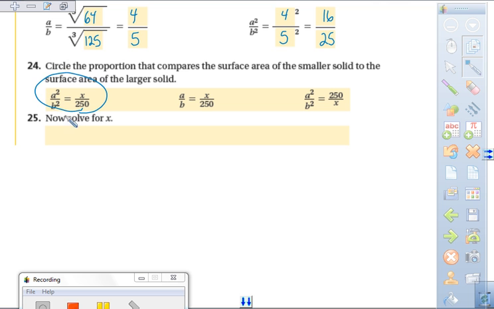And we may as well plug in our 16 over 25. So I'm going to multiply both sides by 250. And I get x equals 160.